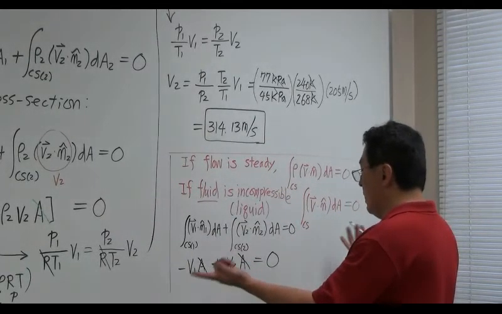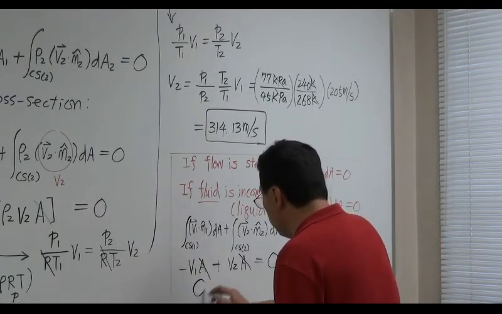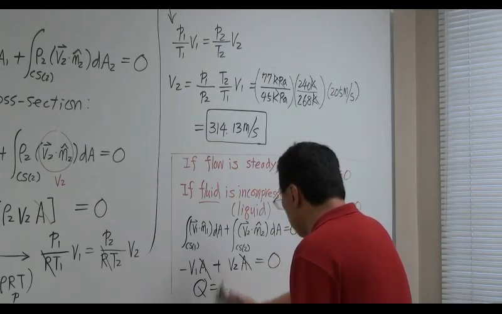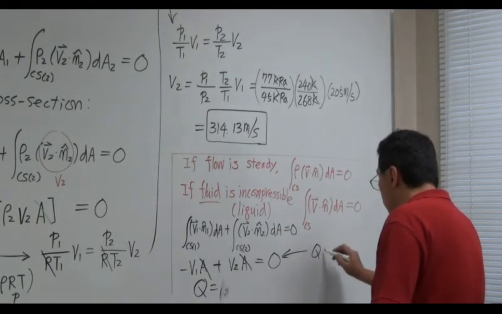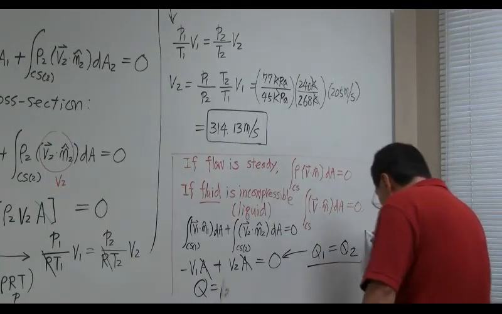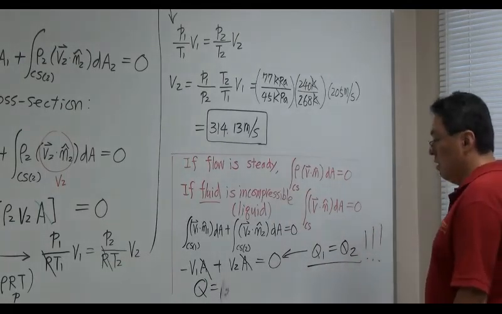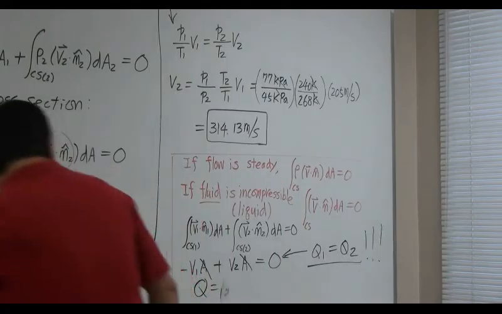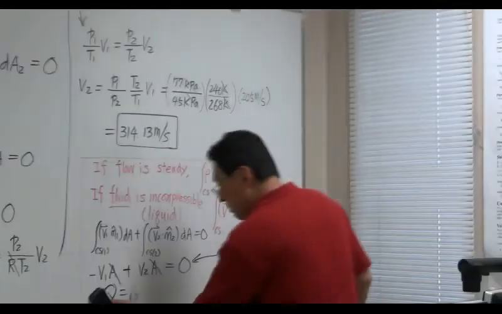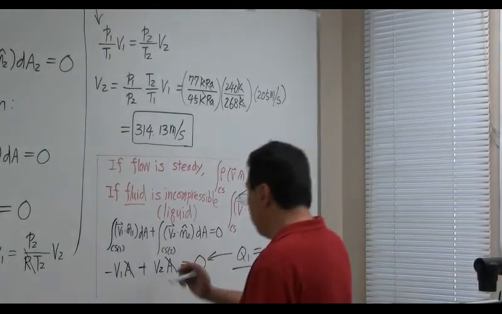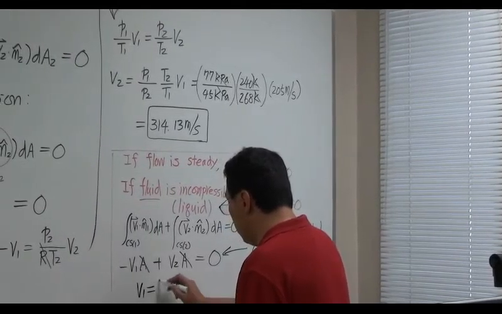Cross-section area cancels out. By the way, this is the equation Q is constant, right? This is the equation Q1 equals Q2. Now, in the case that the cross-section area is even constant, this actually tells you that velocity V1 is equal to V2.